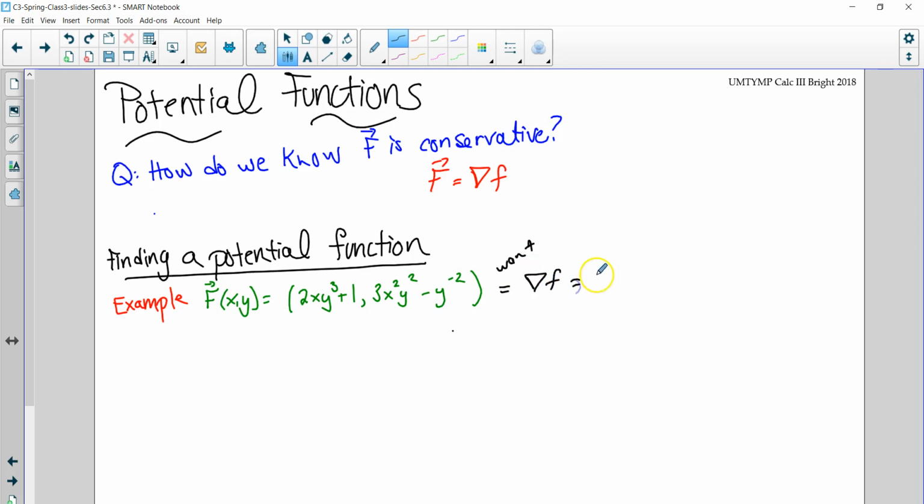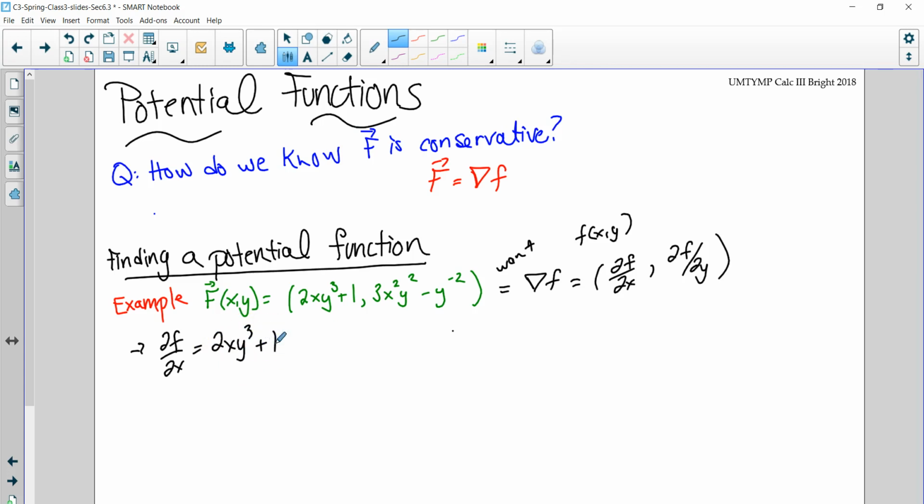The gradient of f, assuming f is a function of x and y, is the vector del f del x, del f del y. Maybe if I set the components equal, it might provide some insight. So let's try del f del x equal to 2xy cubed plus 1.